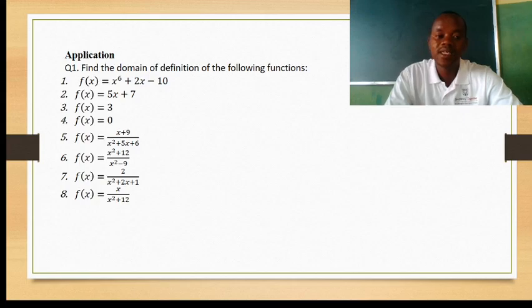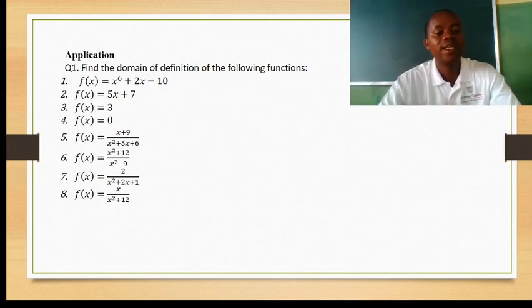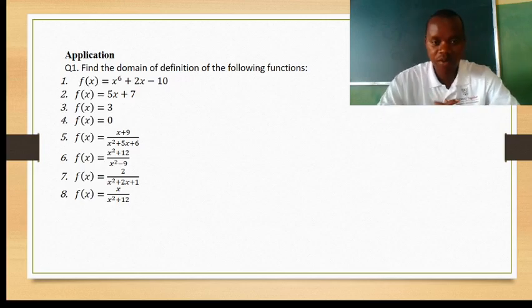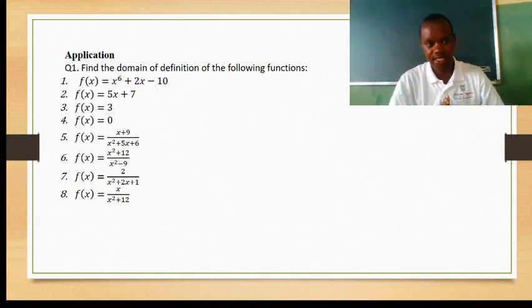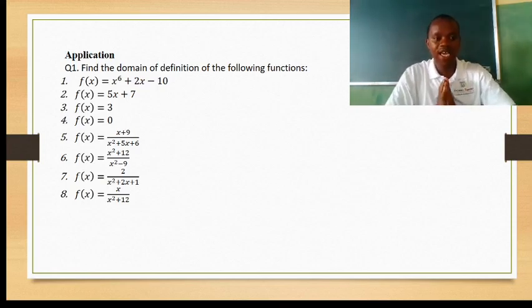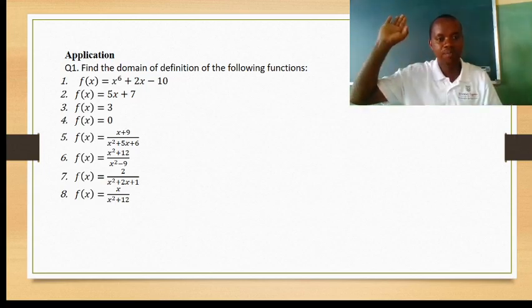In this case, the domain of definition for number 8 is the set of all real numbers except nothing. That means the set of all real numbers, or from -infinity up to positive infinity. If you have done the 8 functions successfully, put your hands up.